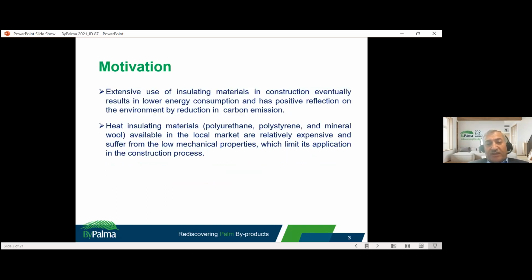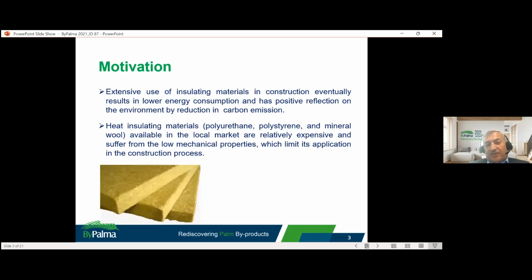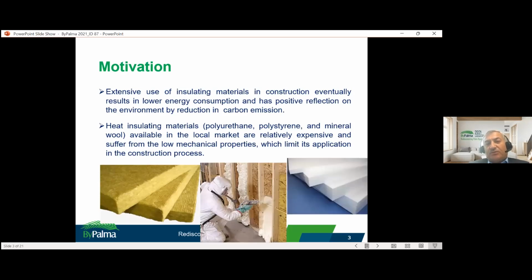Now, we have different insulation materials in the market, for example polyurethane, polystyrene or mineral wool. We have many with acceptable thermal insulation properties, but they still have some drawbacks and concerns. One of them is that the mechanical properties of these materials are relatively poor. The CO2 emission related to the production of these materials is also relatively high.